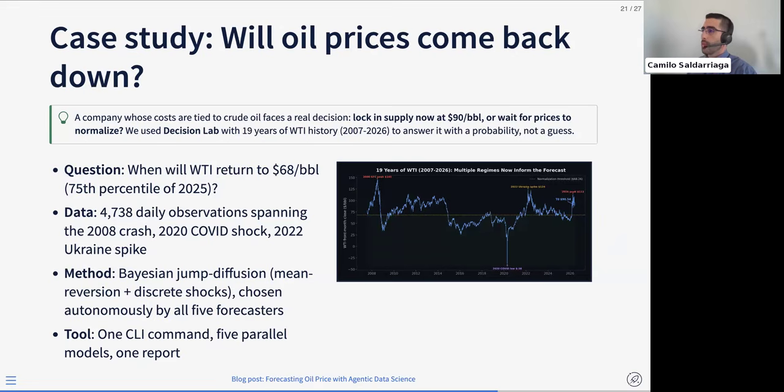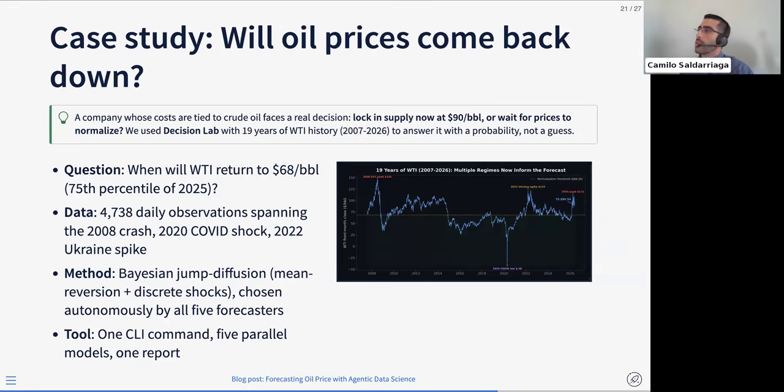And we ask it to build different approaches to know what are the probabilities of things going back to normal in the next months. So basically, you provide one command, one prompt, and a set of agents, in this case 5 parallel agents, will analyze the problem, will provide different approaches, and will come up with one single decision.